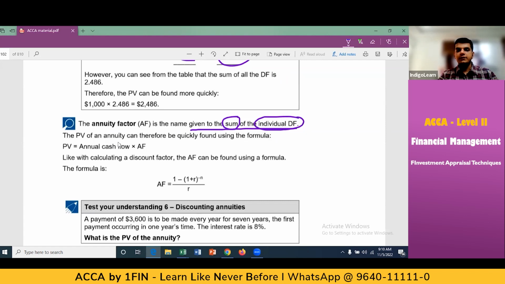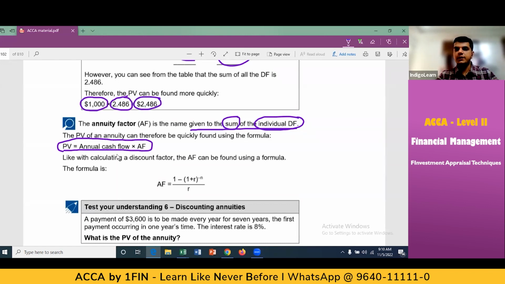The present value of an annuity can therefore be quickly found using the formula: present value is equal to annual cash flow into annuity factor. So the same what we have done above, that is annual cash flow into the annuity factor. We got our answer. Okay.